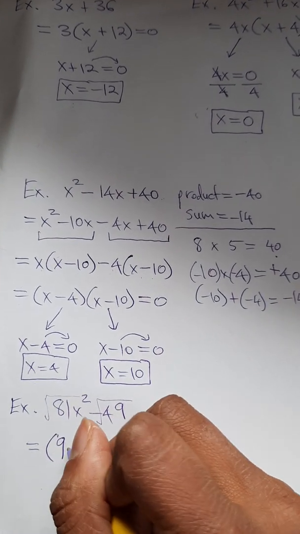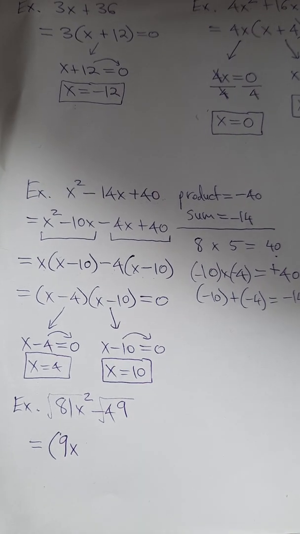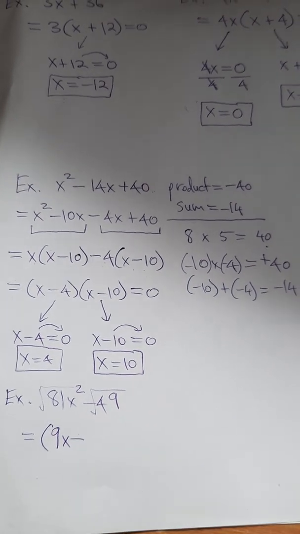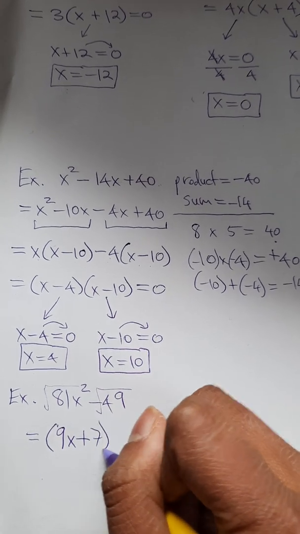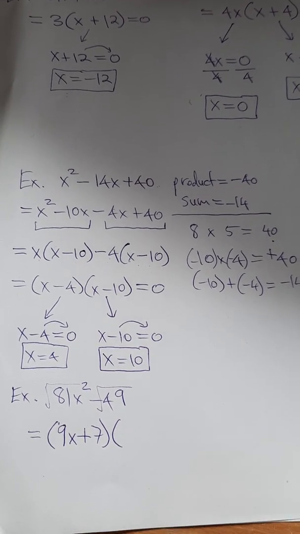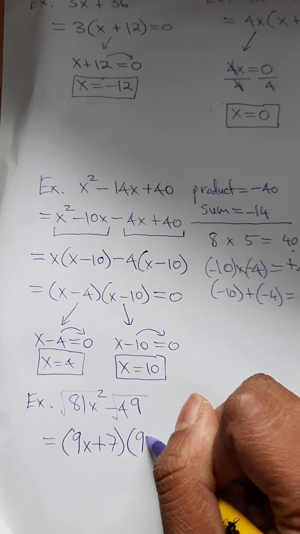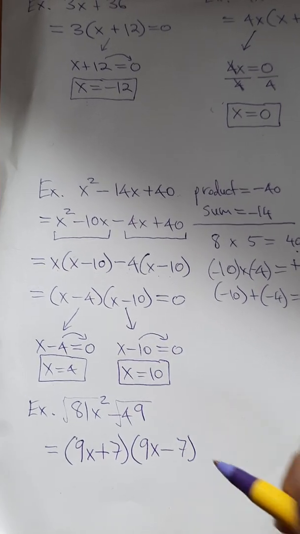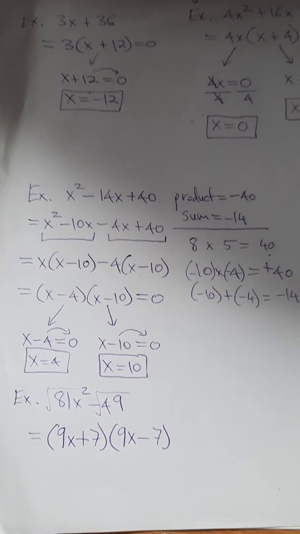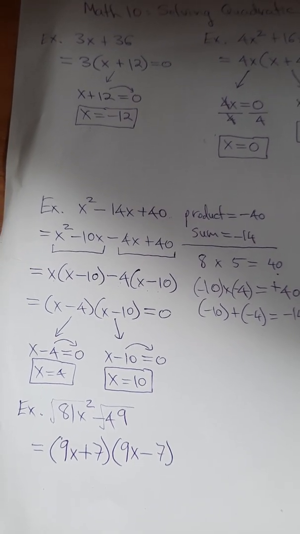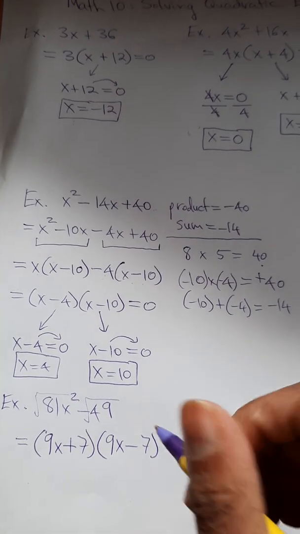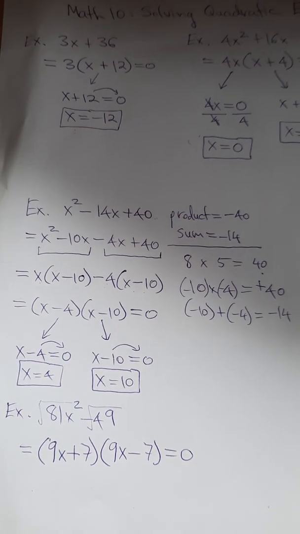Square root of 81 is 9 and x. The square root of 49 is going to be 7, so 9x plus 7, and the second term is 9x minus 7. So don't forget about the difference of squares. One of the brackets has to be positive, the other one has to be negative. I'm going to make it equal to 0.